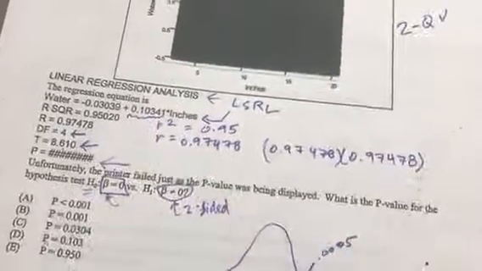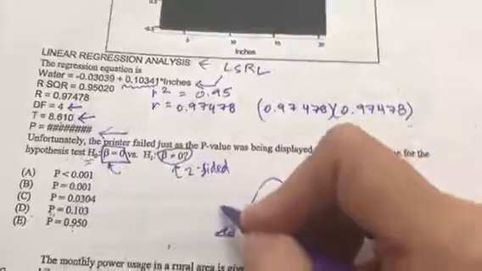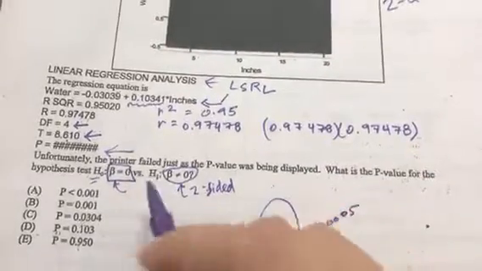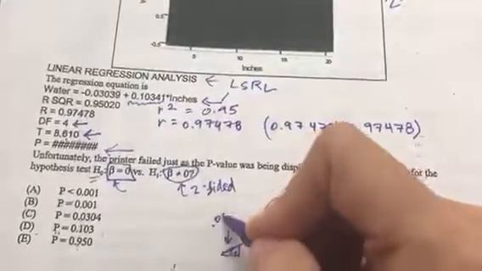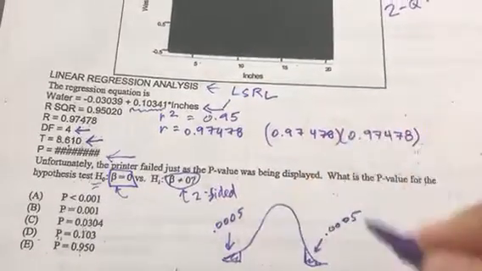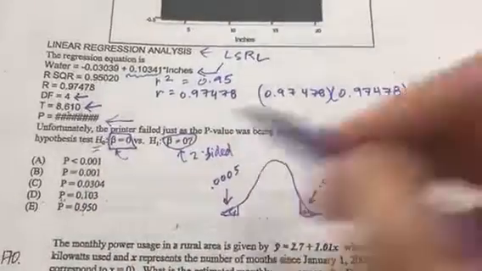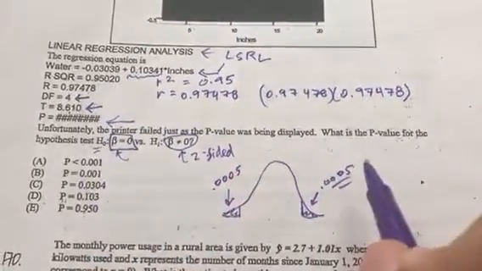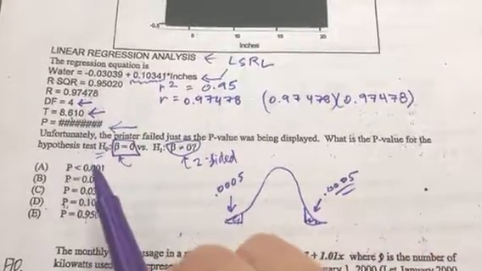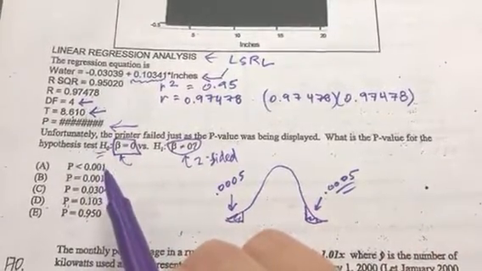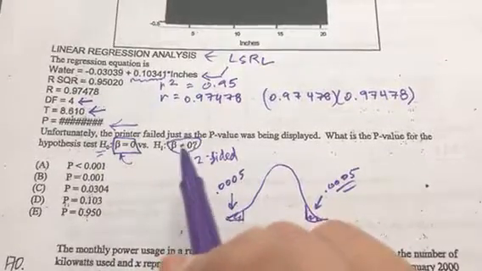If you think about folding this in half, you know that the probability of the slope being negative would also be this same value. So this would have been the answer, which is actually not one of my answers, but I would have had to go with A, because that number is less than 0.001, if they said a one-sided test.